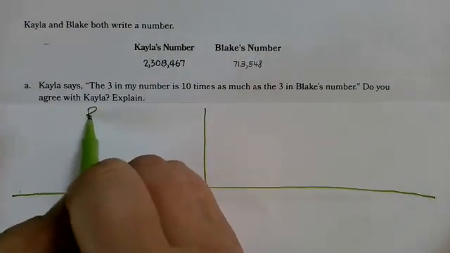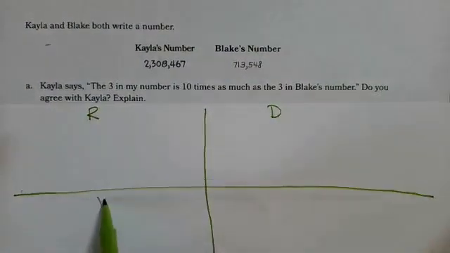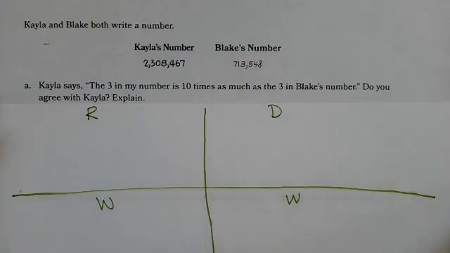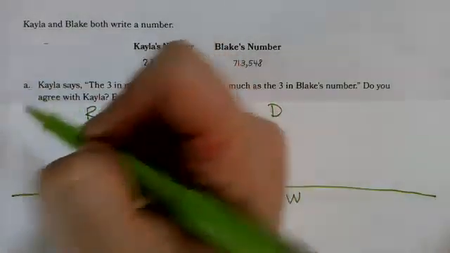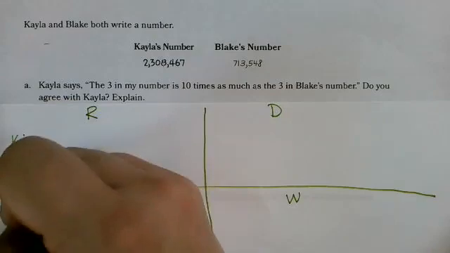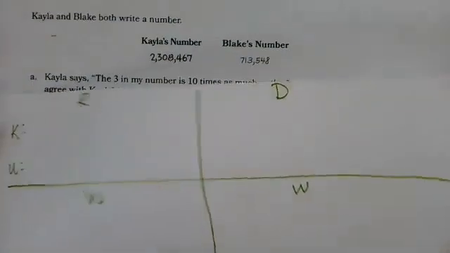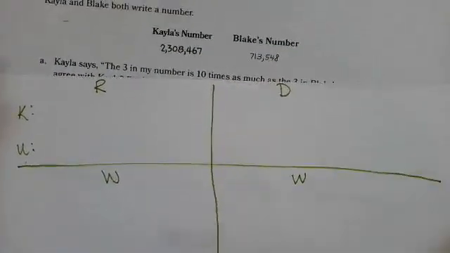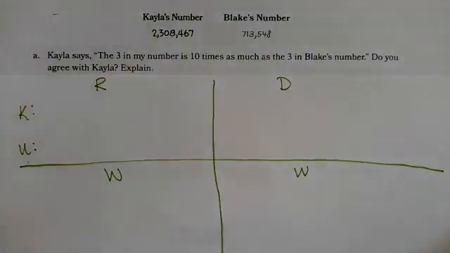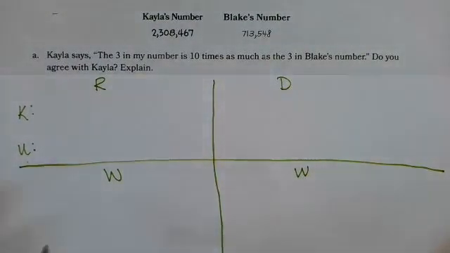So we'll label our parts so we don't forget what we need to do in each section. And remember that in our read, we always have a known and an unknown. In our draw, we'll have some sort of mathematical representation. In our write, we will have some sort of an equation.